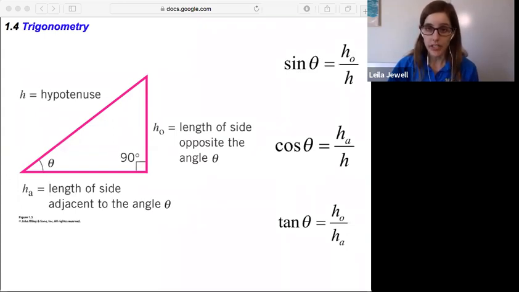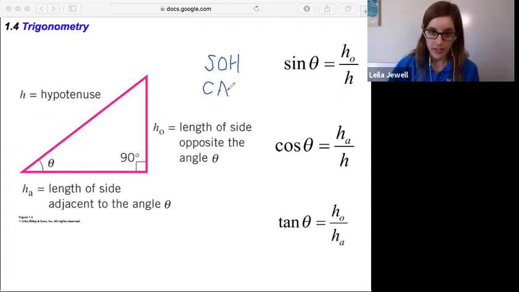And so the way that I remember this, and you can write this on your note sheet, or you can just write the full formulas out, is as so, right? Where sine is equal to the opposite side divided by the hypotenuse side. For cosine, when we take the cosine of the angle, that's going to be equal to the adjacent side, A, divided by the hypotenuse, H. So that's where we get the CAH, so CAH.